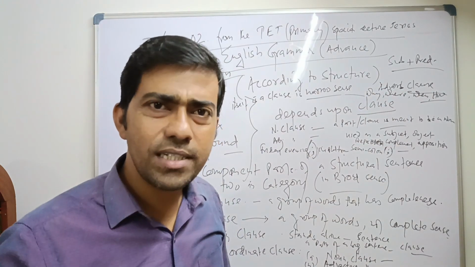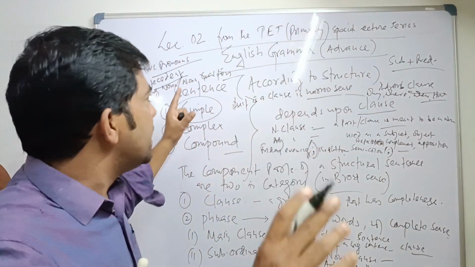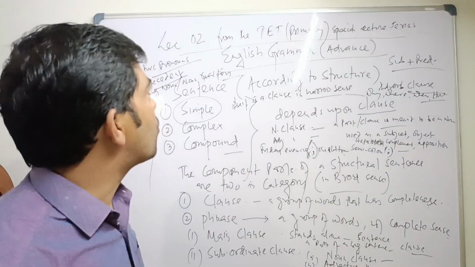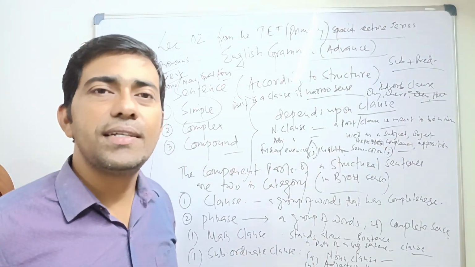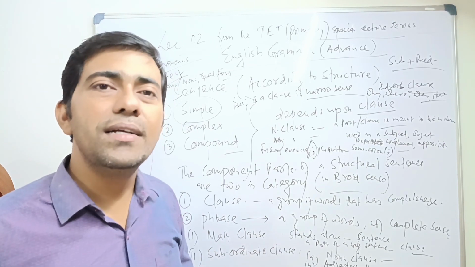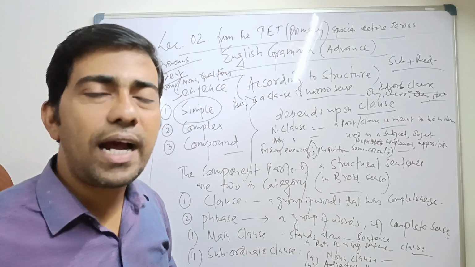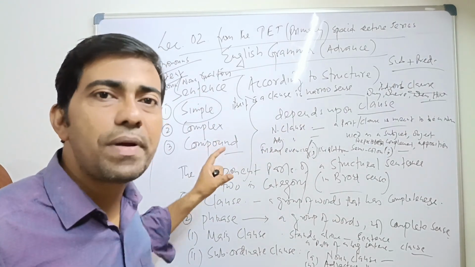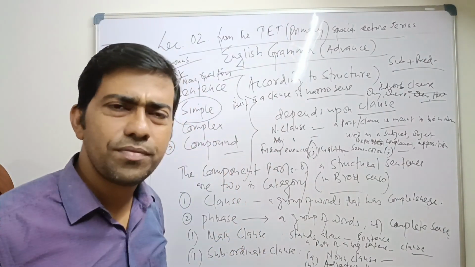Right? You got it? So if we summarize the whole class, we can say that in its structural meaning, there are of course 3 kinds of sentences, but these 3 kinds are totally dependent on phrases and clauses.